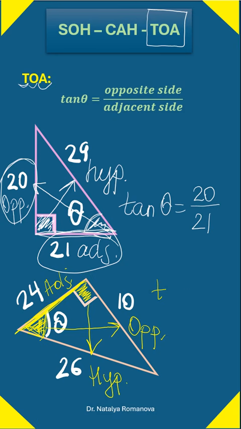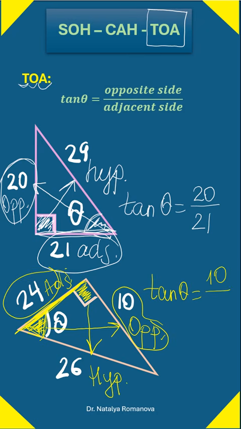Tangent theta equals the opposite side 10 divided by the adjacent side 24. We can cancel out 2. It would be 5 divided by 12. So 5/12 is the tangent for this example.